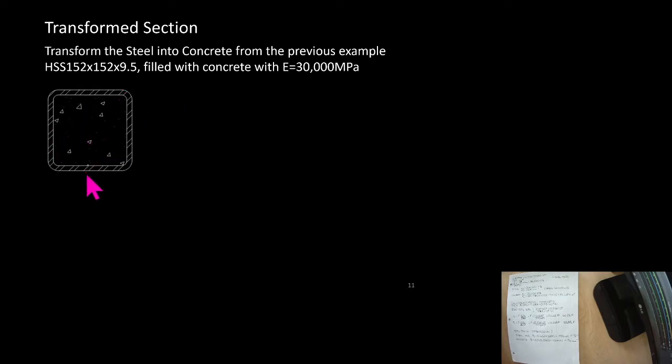And so if we know what the stiffness of EA is, and we want to pretend that the E of the steel is actually this E, what corresponding area of steel would we need to make this system be the same? That's all we're essentially doing, is pretending that the steel is actually concrete so that we can make some of our calculations a little bit easier. Again, it forgets about buckling and doesn't talk about buckling, but this is a concept I'm trying to show you for a few other things.